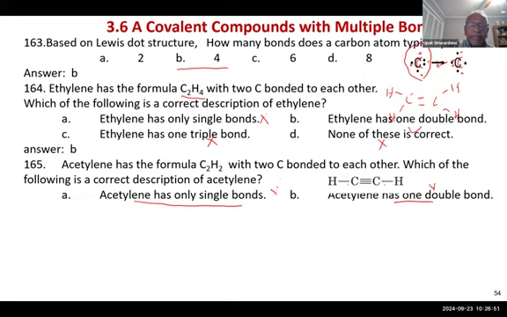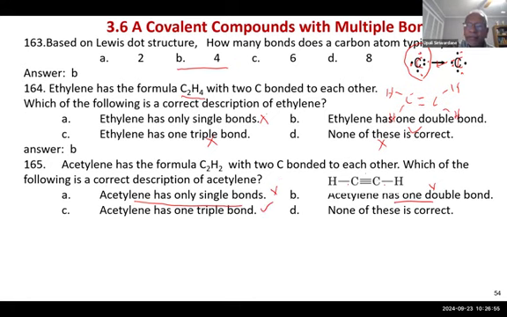Acetylene has a triple bond. That's true. None of these. Answer is C. Do you see in the Lewis structure, acetylene has an octet here. Carbon has an octet, duet for the hydrogen. That's the main idea of Lewis structures. Answer is C.